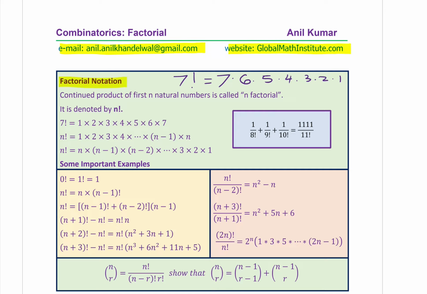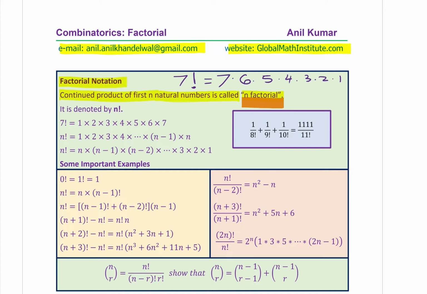So this exclamation mark is the notation for factorial. A continued product of first n natural numbers is called n factorial. So that is what factorial notation is, right?